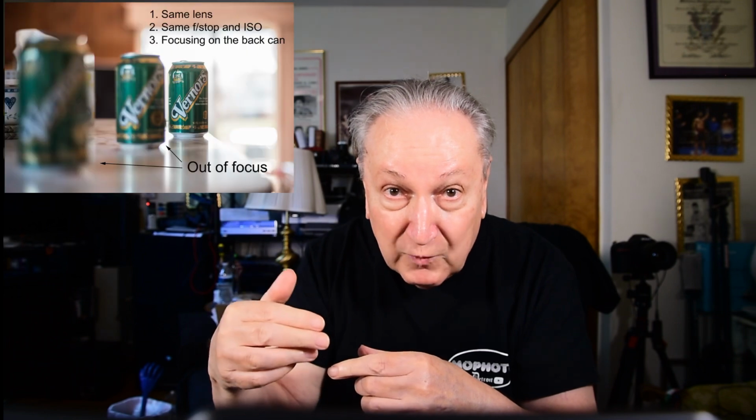Or you can focus on the middle one and have the front one and the back one out of focus. Or you can center on the back one and have the front two out of focus. Or you can have all of them in focus. It's up to you, using your aperture. Keep in mind the depth of field.